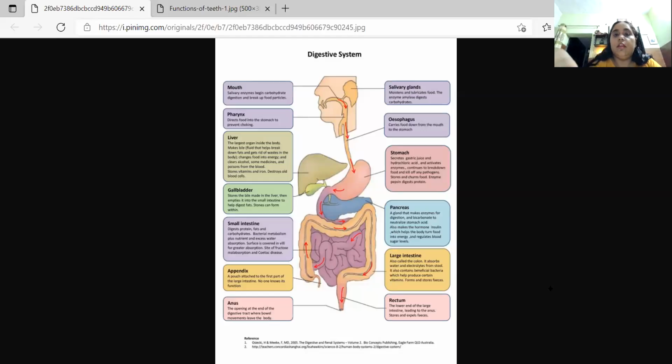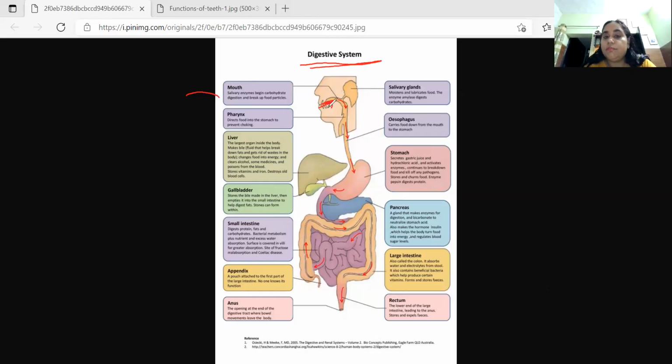If we look at the human body here, we have different parts. It is called the digestive system, right? Now we have the mouth. Basically, the intake of food takes place from the mouth.